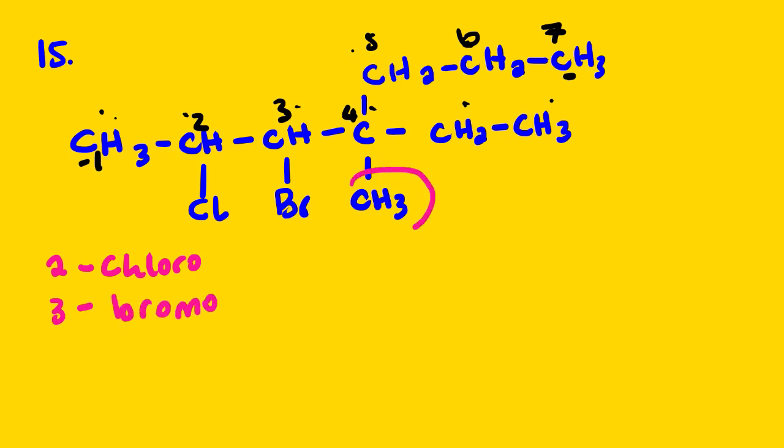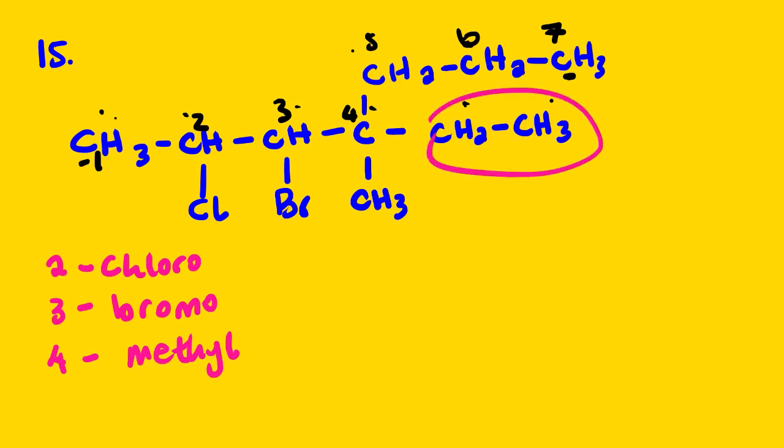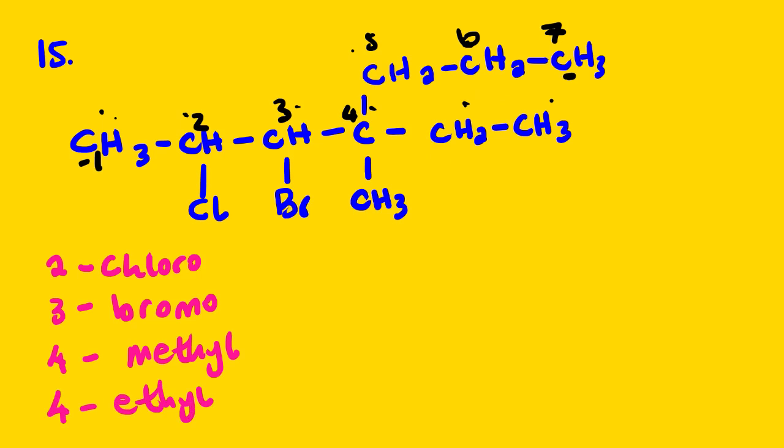And then carbon number 4, we have our methyl. So it's 4-methyl. And still on carbon number 4, we have ethyl. And then the longest chain, it's heptane.